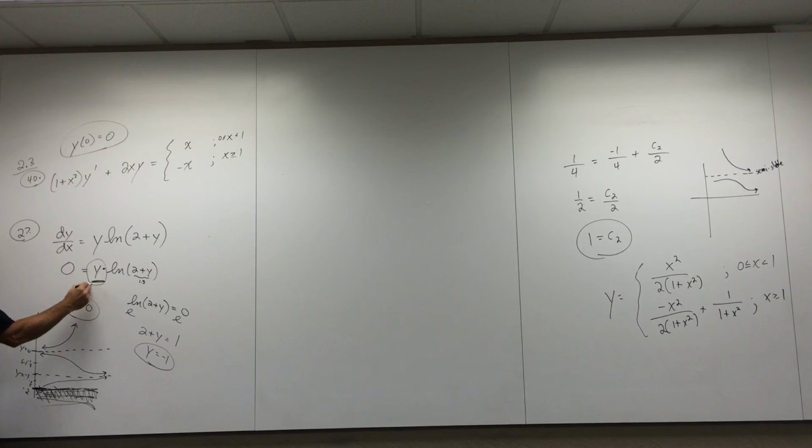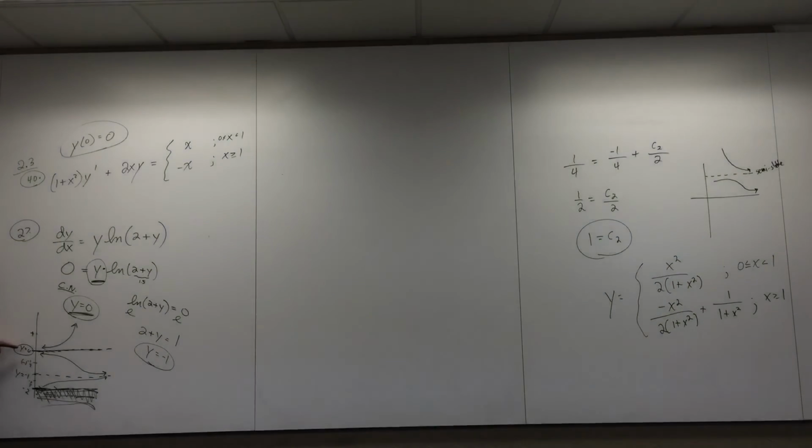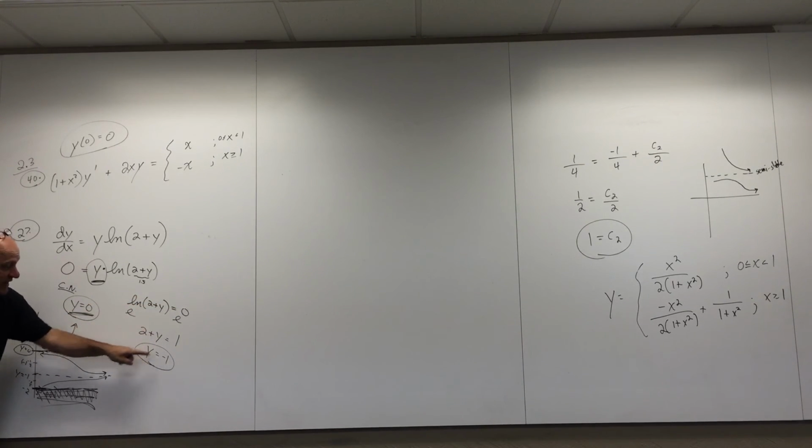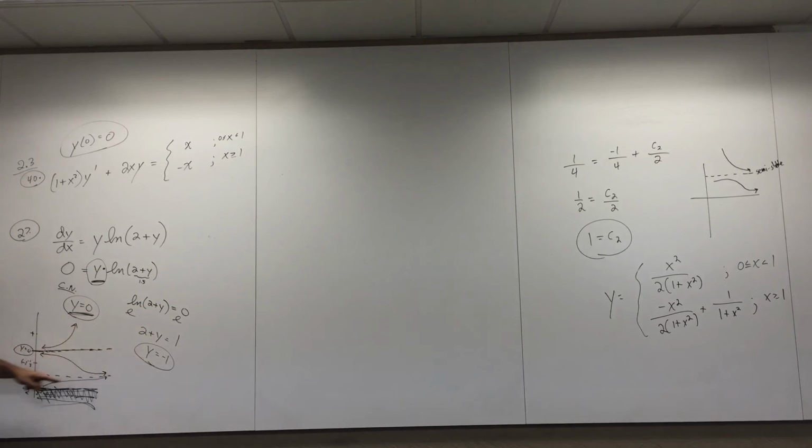Setting this guy equal to 0 produced y equals 0, and that's one of the critical numbers. It has a slope of 0, and I was testing around that. The other critical number came from setting this equal to 0 and e'ing both sides. So those are my critical numbers, and then I was testing between them.